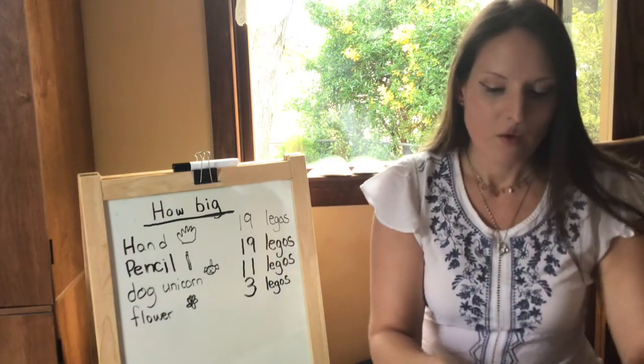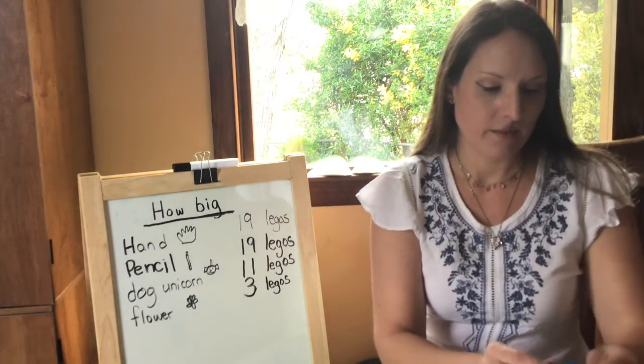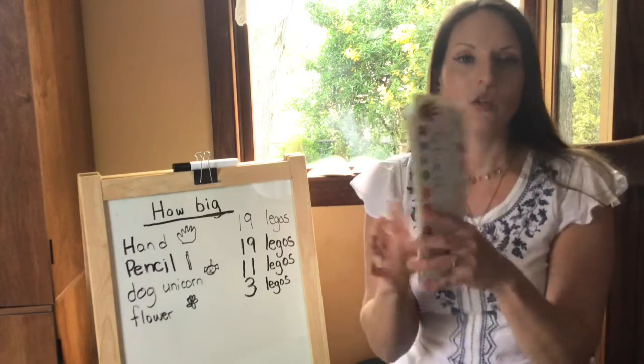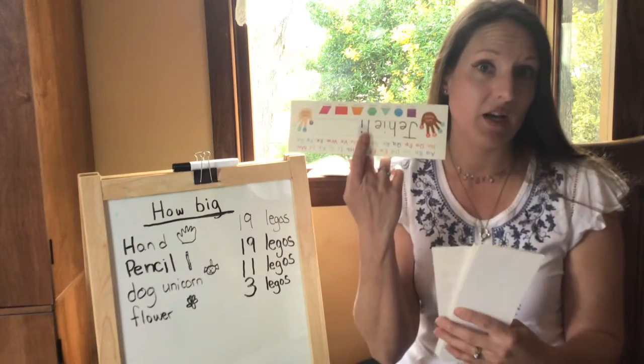Okay, so today we're going to take all of our things, but before we do that, I'm going to add one more item. I'm going to add your name cards. So I'm going to take one of the name cards. This one just happens to be Hayeli's.